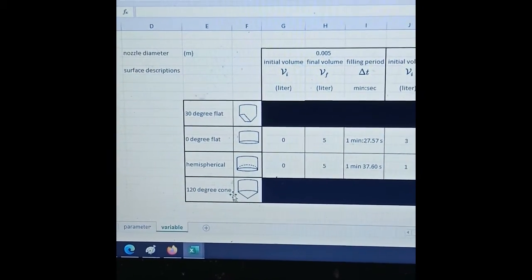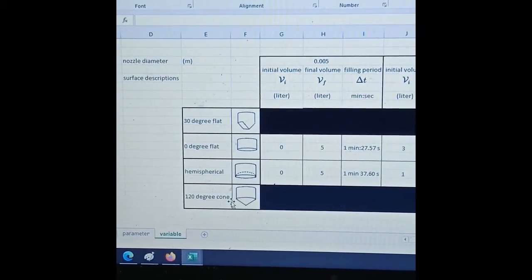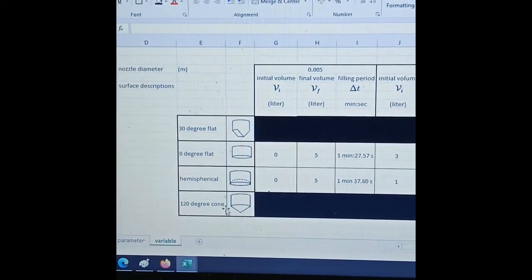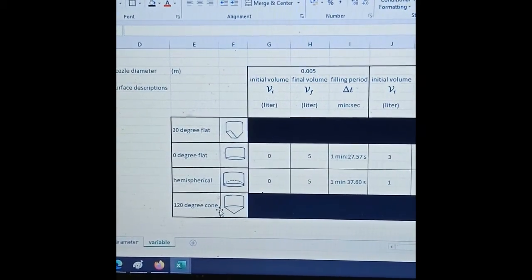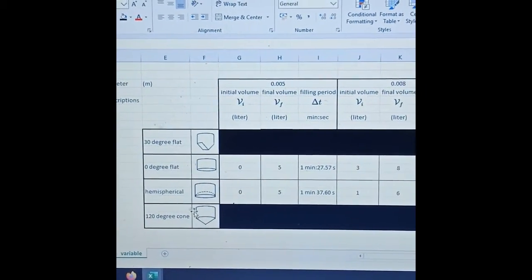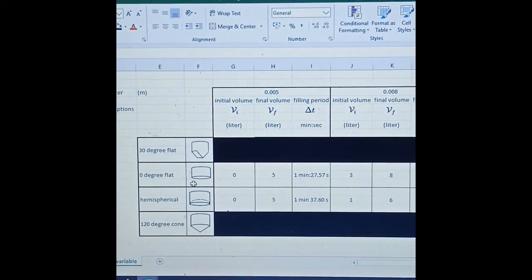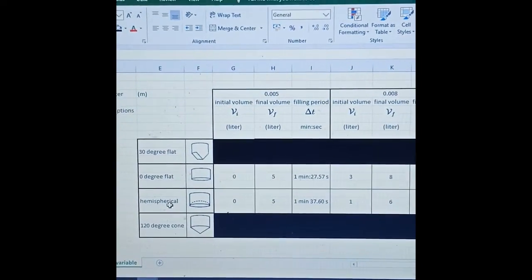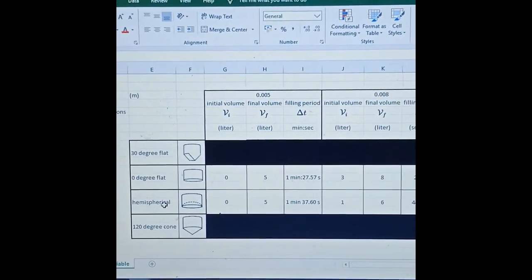From our observation, there are some manufacturer defects on our apparatus that don't allow us to do the experiment, and we only cover two geometries, 0-degree flat and hemispherical.